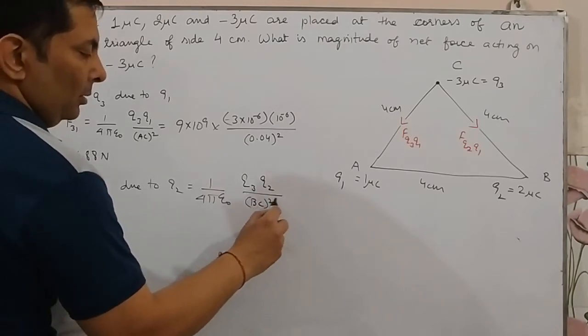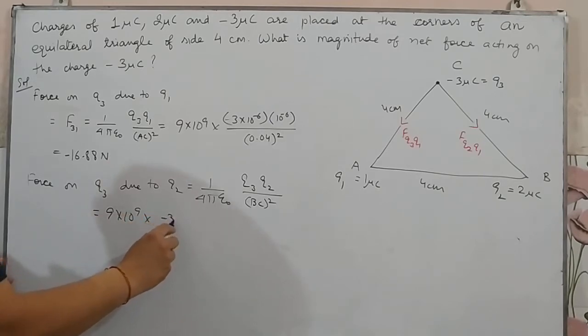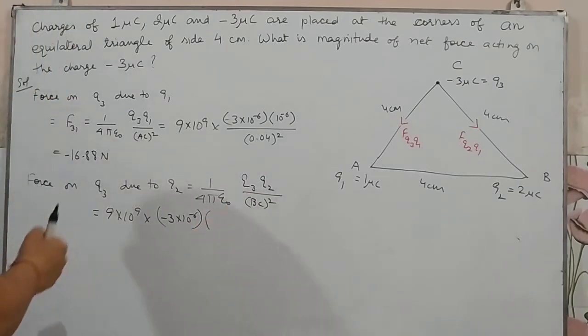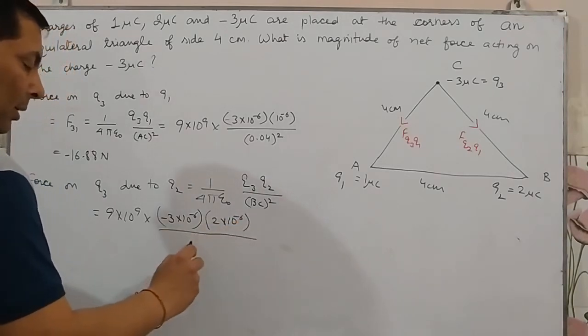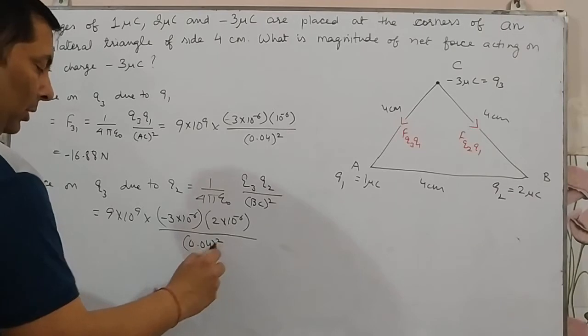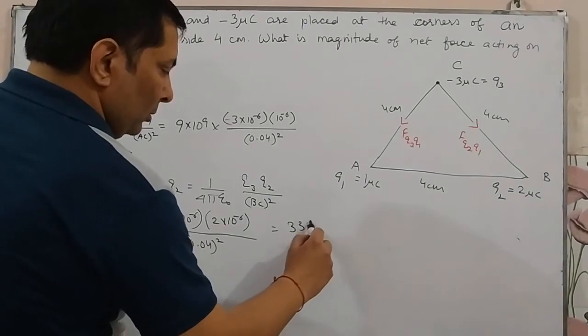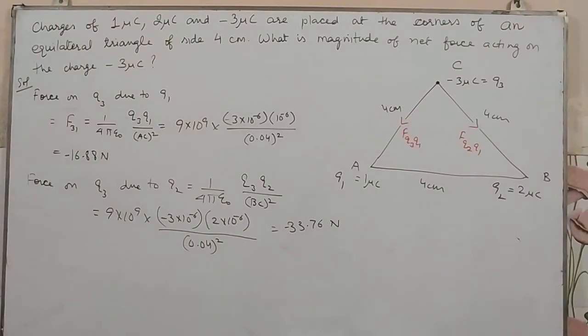So write the values: 9 into 10 raised to power 9, Q3 is again minus 3 into 10 raised to minus 6, Q2 is 2 into 10 raised to power minus 6, divided by 0.04 square. Okay, so the answer will be almost double of this, around 33.76 Newton. Okay, fine.